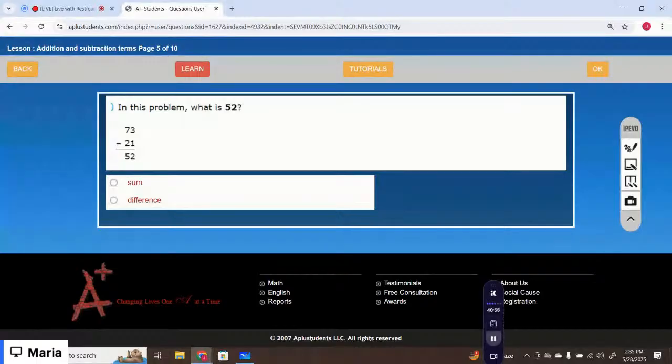In this problem, what is 52? So 52 is the difference of 73 and 20. So the answer is difference.